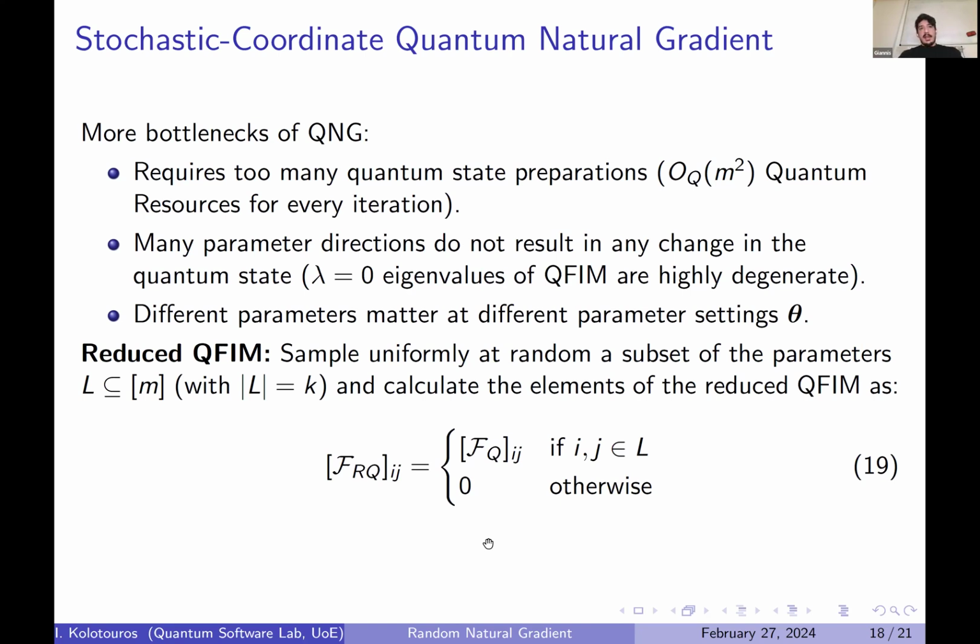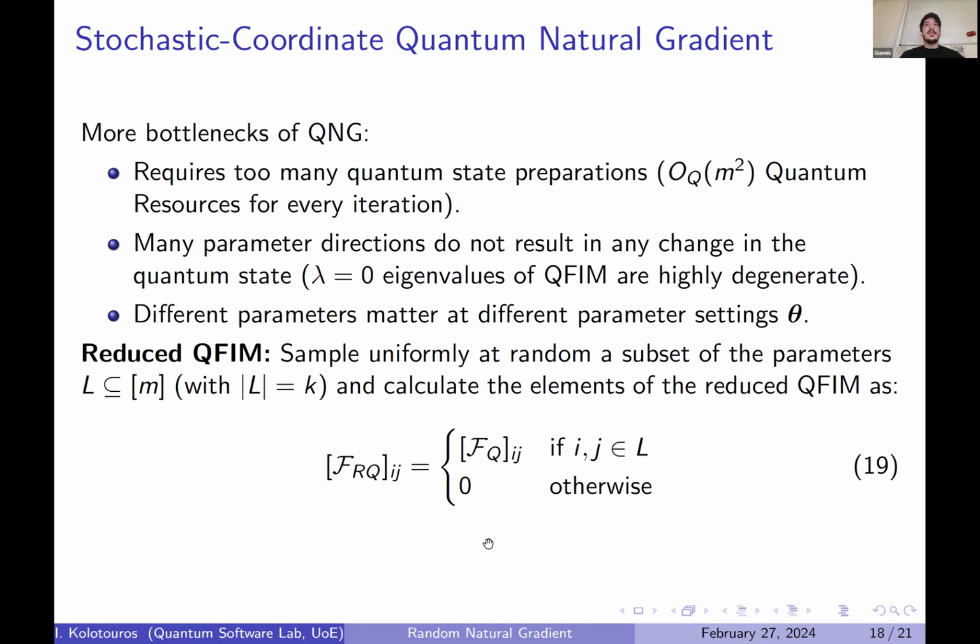The other bottleneck in the quantum natural gradient is that if you calculate the quantum Fisher information matrix, you will see that its rank deficiency, or the number of zero eigenvalues, is very large. So there are a lot of directions which do not change the quantum state. There are parameters where, if you change them, the same type of changes will happen in the underlying quantum state. So you have a large redundancy in the parameters.